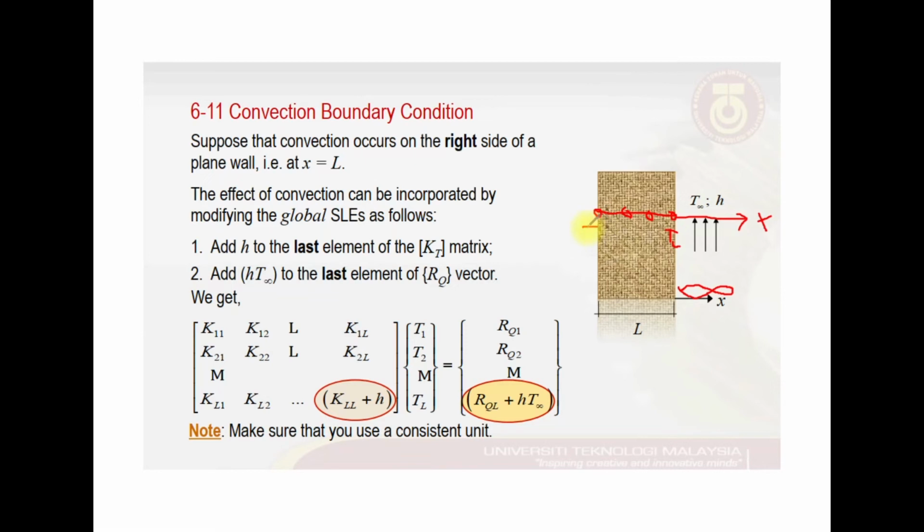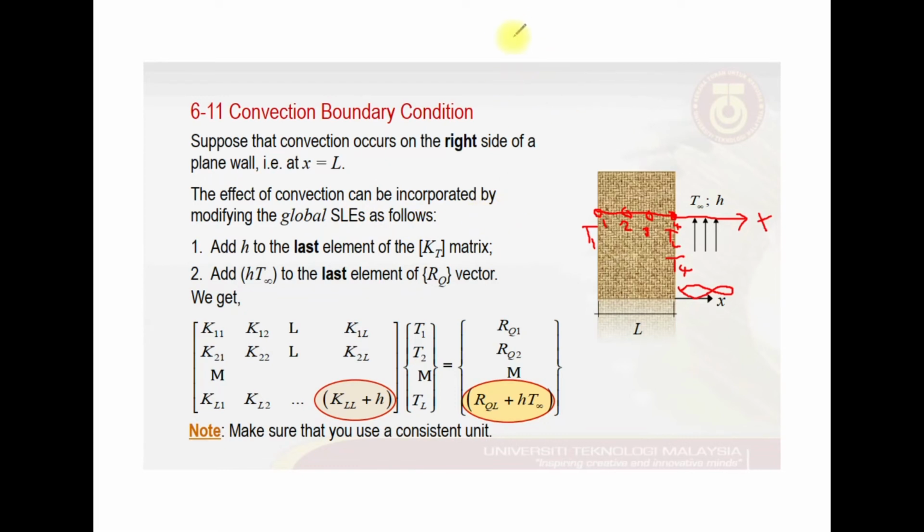So this will be T1 for node number 1, and this is node number 4. I can call it TL or T4 in this case, on the right face of the wall. The effect of convection can be incorporated by modifying the global system of linear equations.